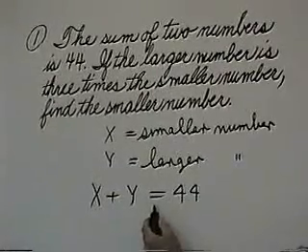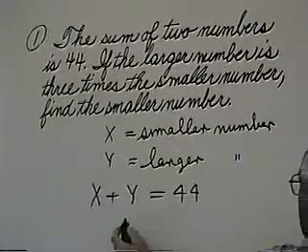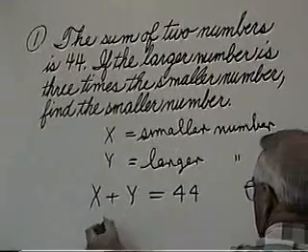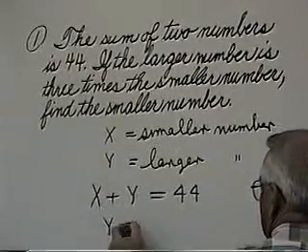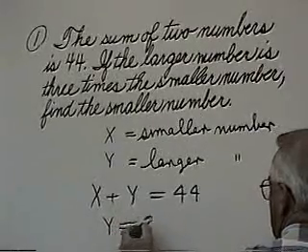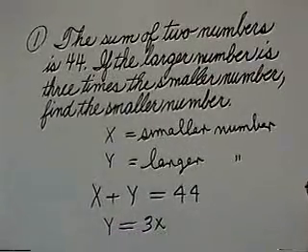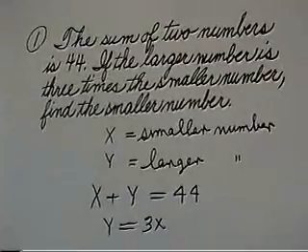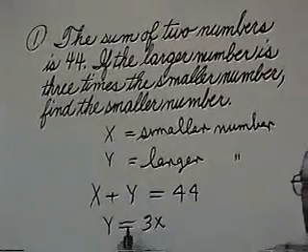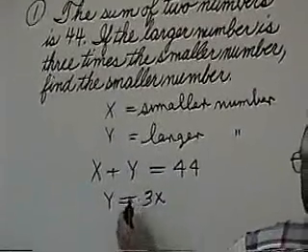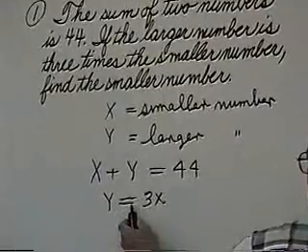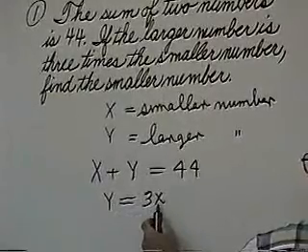Now let's read the second sentence. It says, if the larger number, that's y, is 3 times the smaller. Again, the word is gets equals. So y equals 3x.